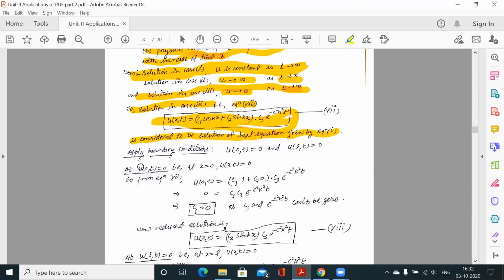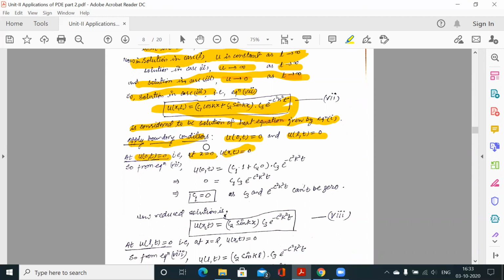Now applying the boundary conditions, which are u(0,t) is 0 and u(l,t) is 0. First, u(0,t) is 0, that is, at x equal to 0, u(x,t) is 0. So we apply x is 0.